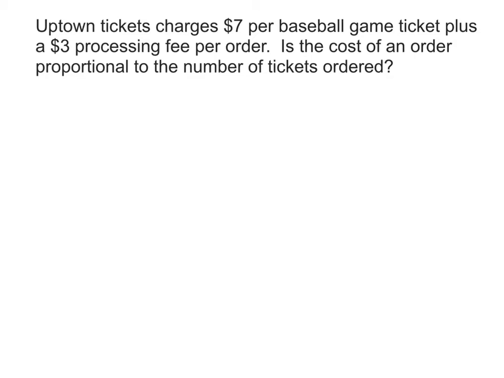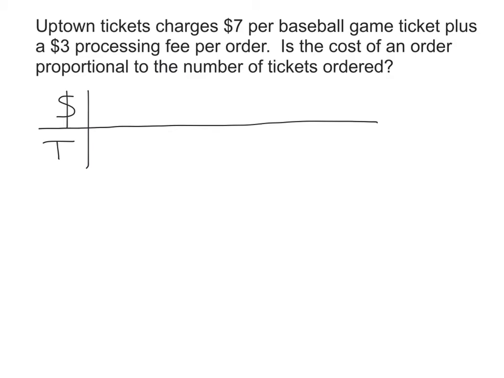So it's $7 per ticket, and then it's an additional $3 for the entire order. Is the cost of an order proportional to the number of tickets ordered? So let's take a look at a chart.